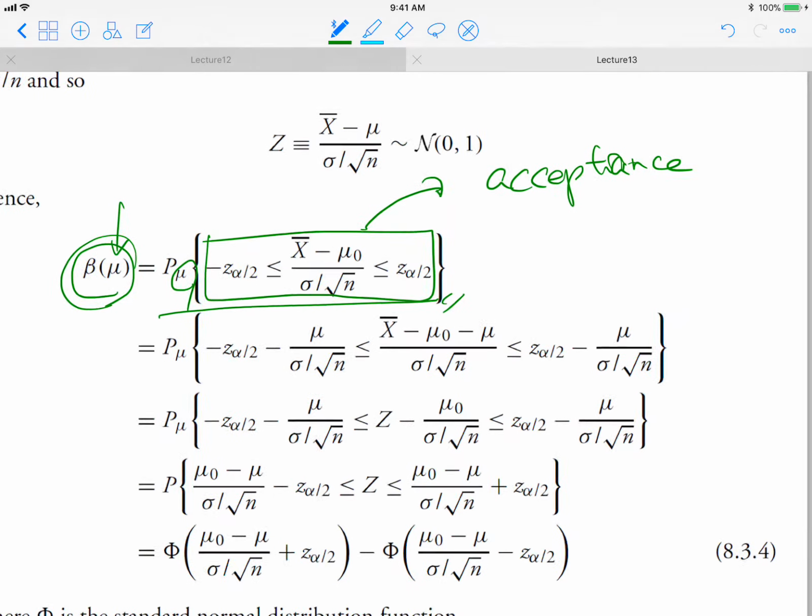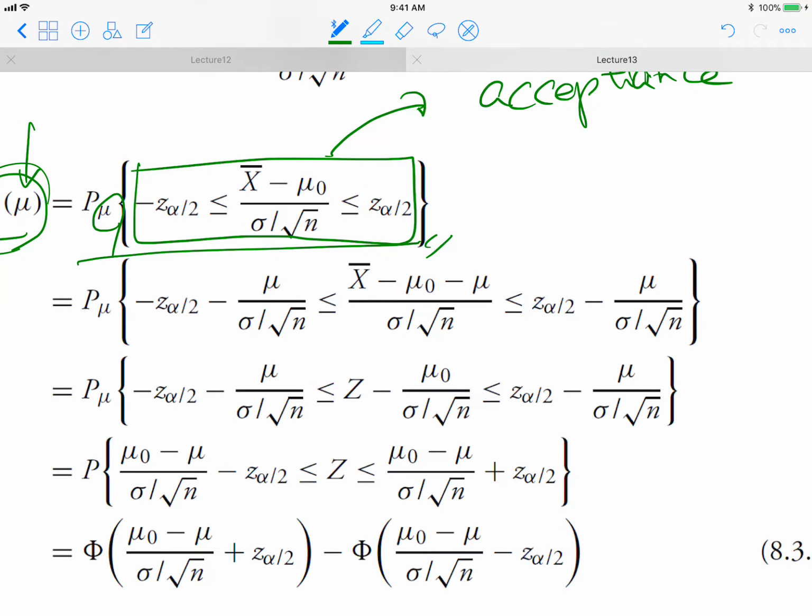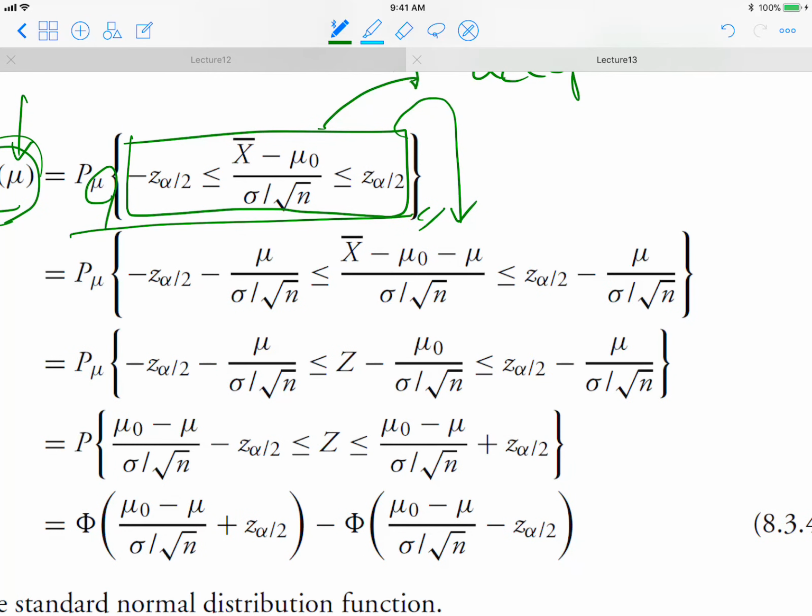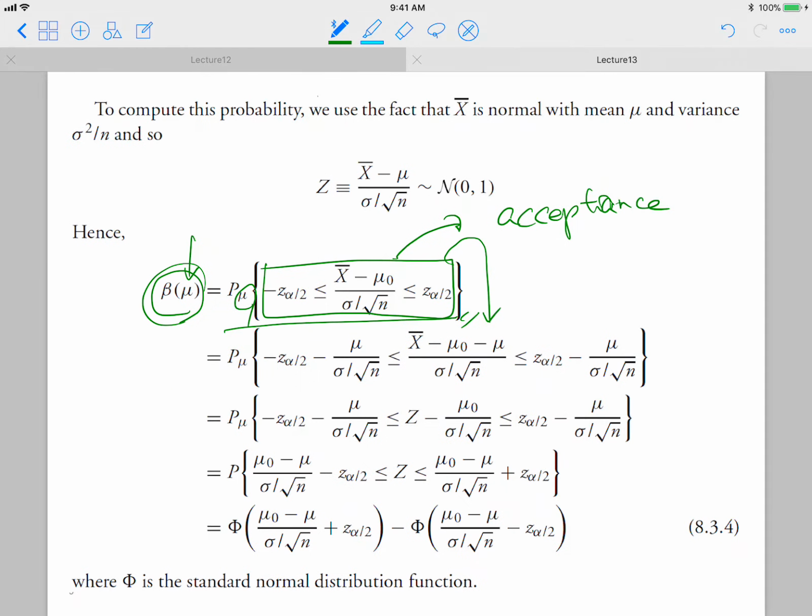Okay, and then we have to manipulate this guy a little bit more. So this x bar is following this distribution, where this mean value is certainly different from mu 0.